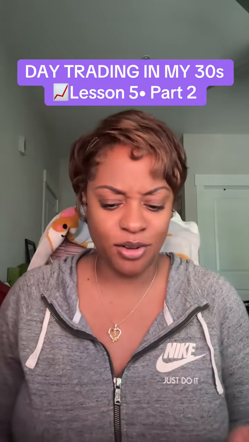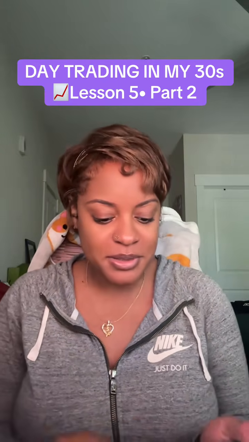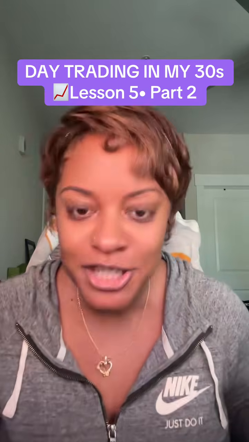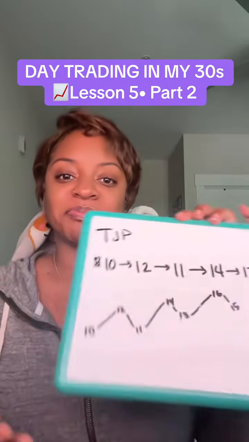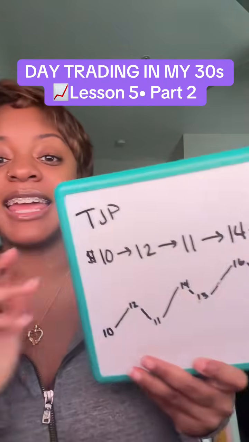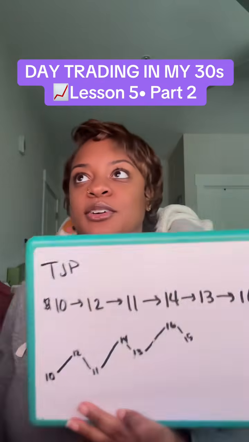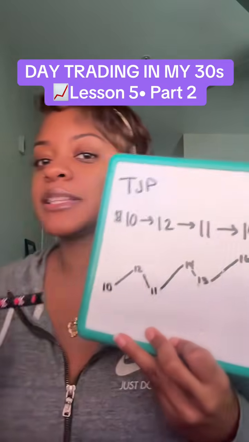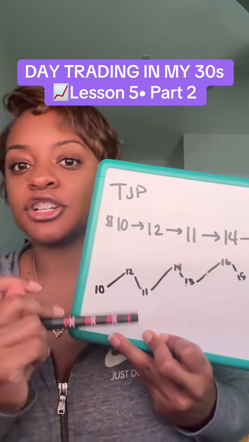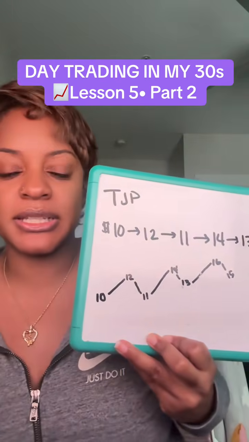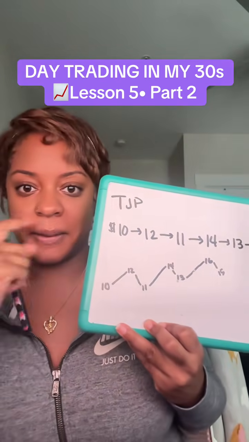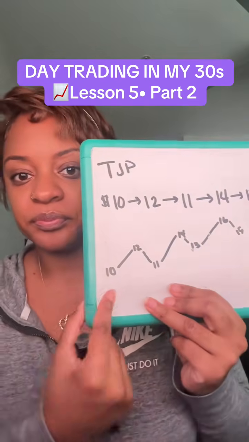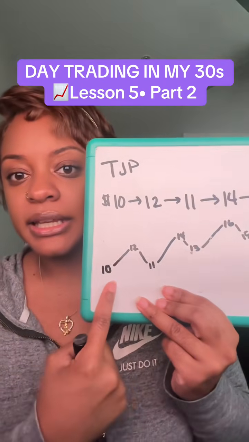All right, Tony, what about higher lows? I'm glad you asked. And when I explain higher lows, you'll understand why I explain it as higher swing low. It just makes more sense, and then you slash the swing out. All right. So we have 10.